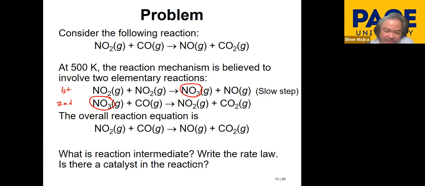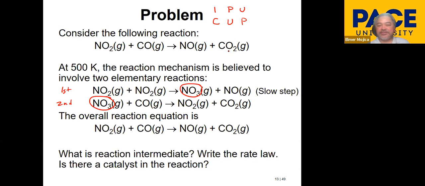Before we answer the rate law, how do we define catalyst here? If your intermediate is the one that is produced and then used, the catalyst is the one that's used and then produced. So what does this mean?